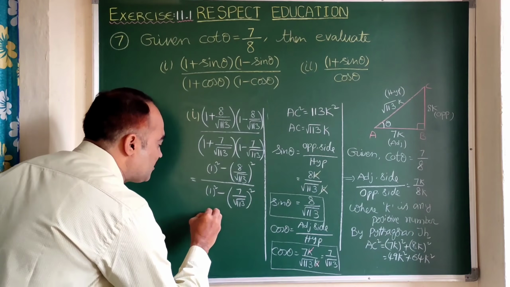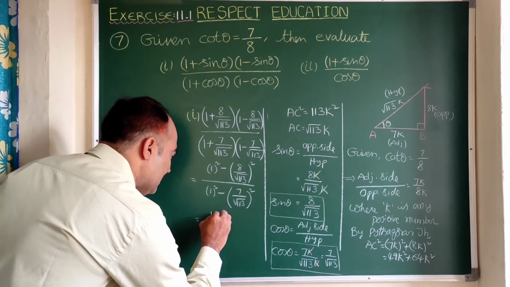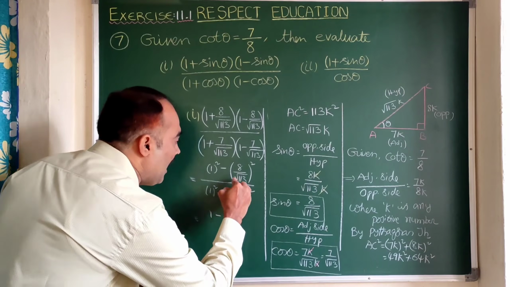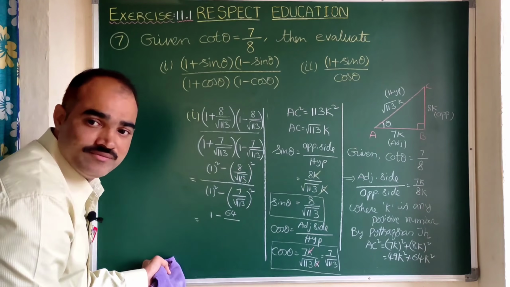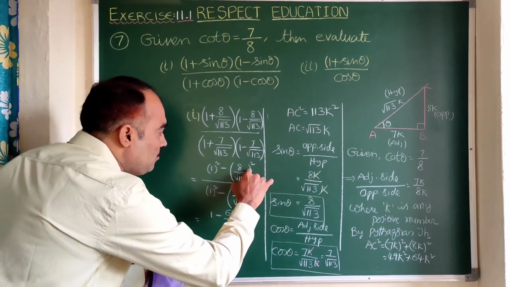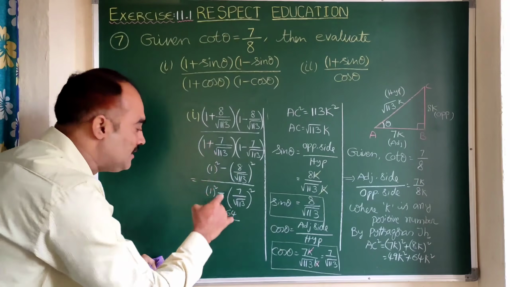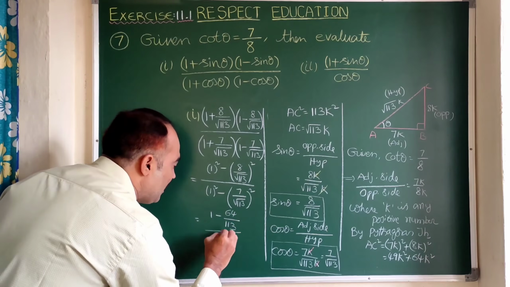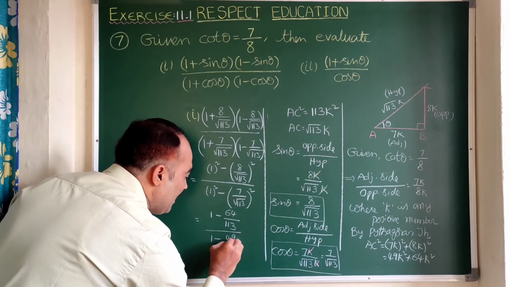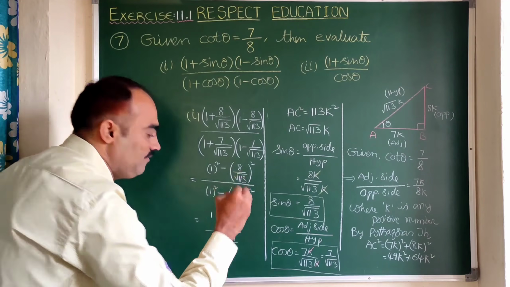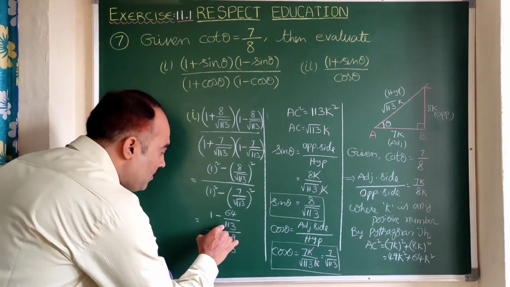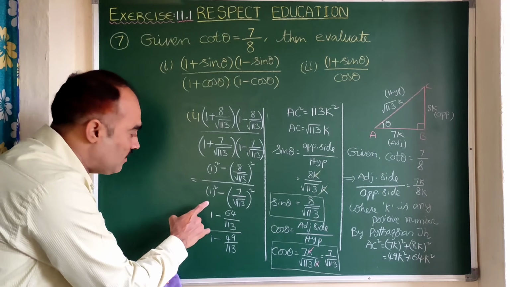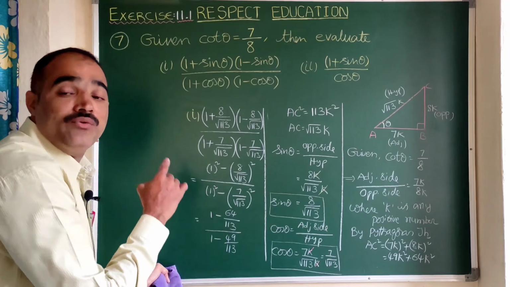Let us simplify this. 1 square is 1 minus, what is 8 square? 64 by under root 113 whole square is 113, because the square root and square they both get cancelled. It is 113 by here 1 square is 1, 7 square is 49 by here 113. Is it clear? Now here 113 will be the LCM. 113 minus 64 is 49.